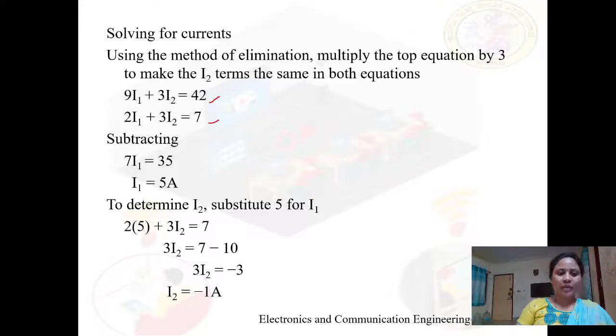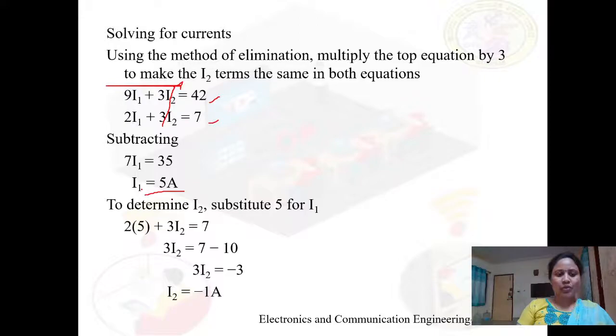Now let us subtract. On subtracting, I2 will be eliminated, and so we get I1. 9 minus 2 is 7. 42 minus 7 is 35. So we will get 35 by 7, which is 5 for I1.